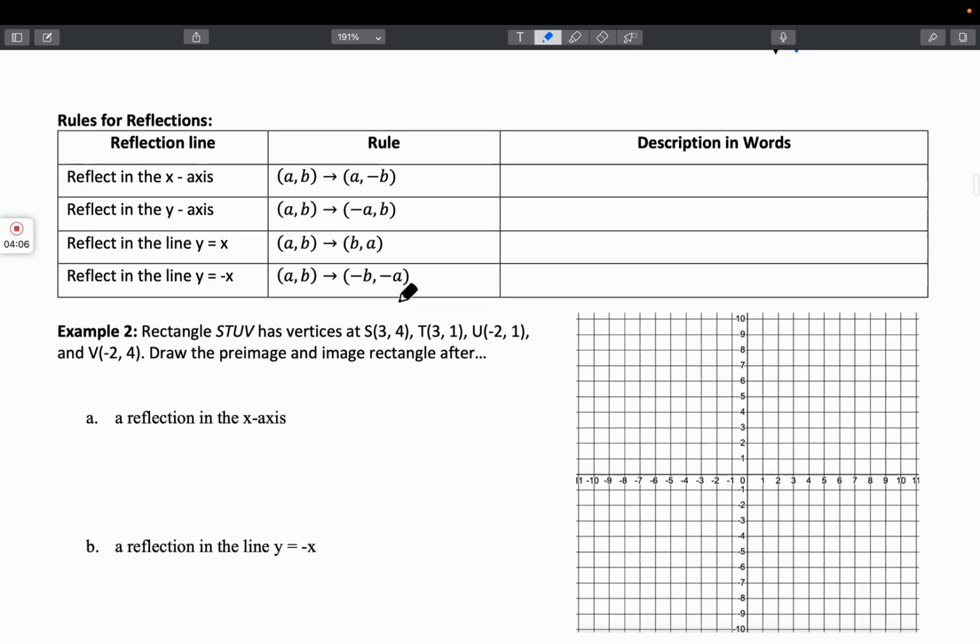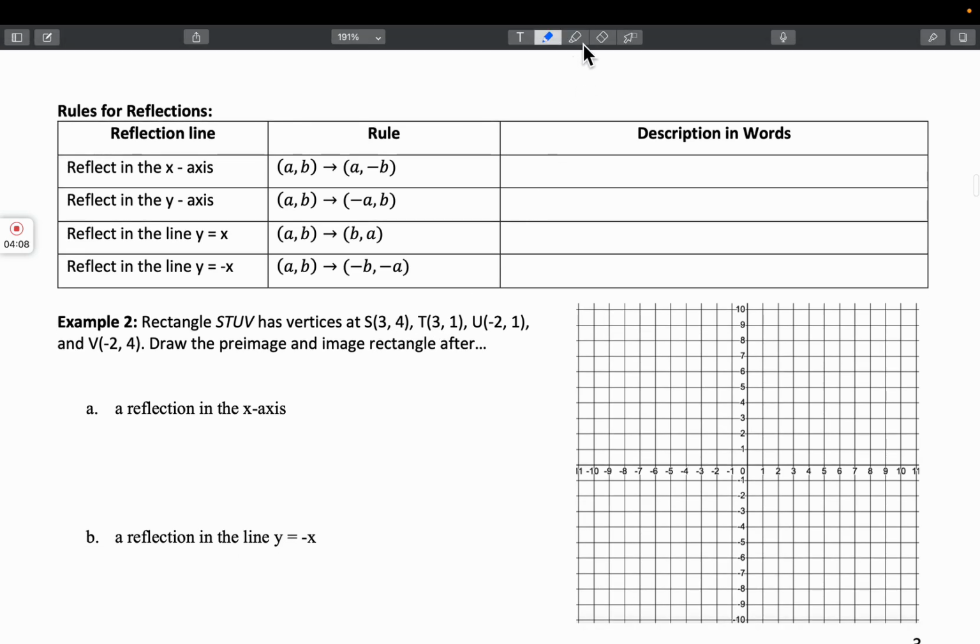Here are four very common and basic reflections that we do in the coordinate plane. We reflect over the x-axis, and when we do that, our ordered pairs, which we will describe as (a, b), go to the ordered pairs (a, -b).